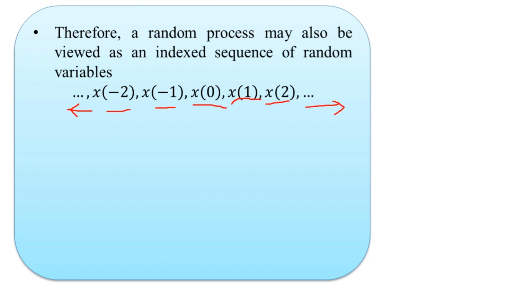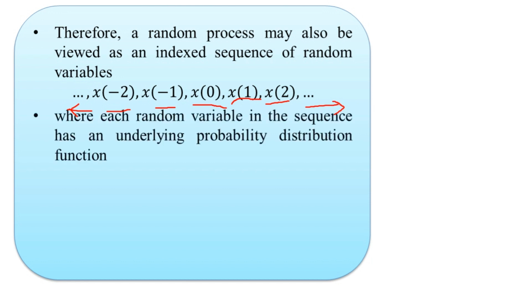In this representation, each of the random variables that we have represented as a part of this sequence has an underlying probability distribution function. The probability distribution function we have already discussed with respect to the random variable definitions. It is represented by capital F as a mathematical function. Into the suffix we denote the random variable for which it is there.